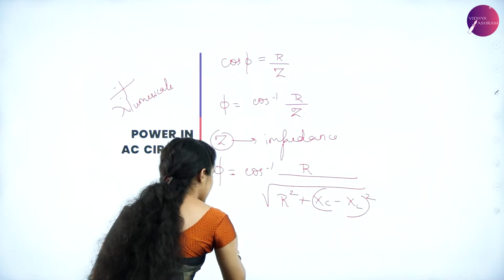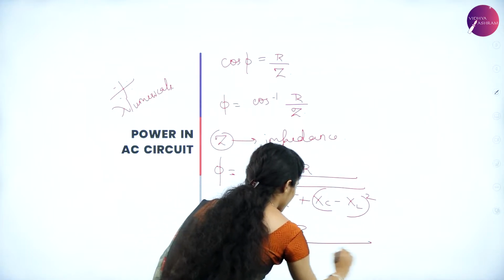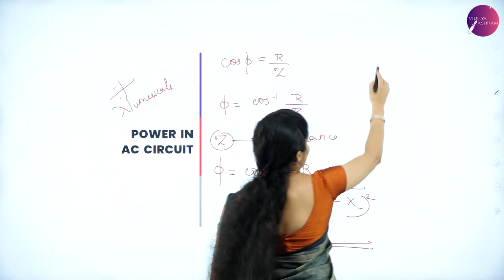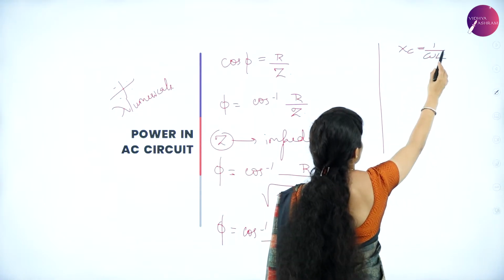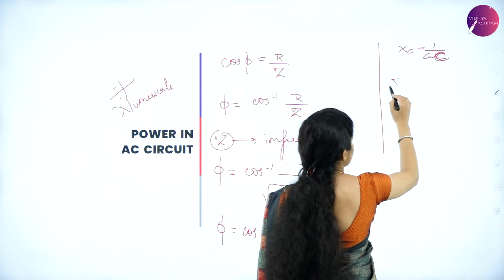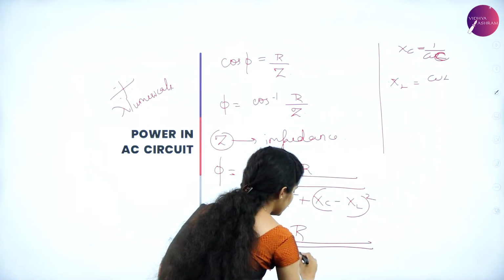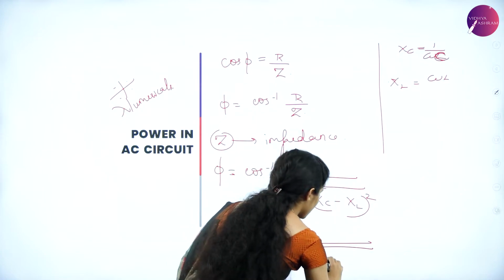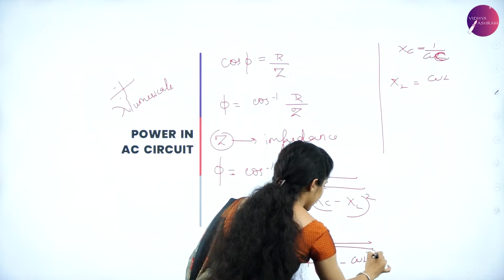Since XC is equal to 1 by omega C and XL is equal to omega L, you can substitute here: phi is equal to cos inverse of R divided by root of R square plus (1 by omega C minus omega L) the whole square.